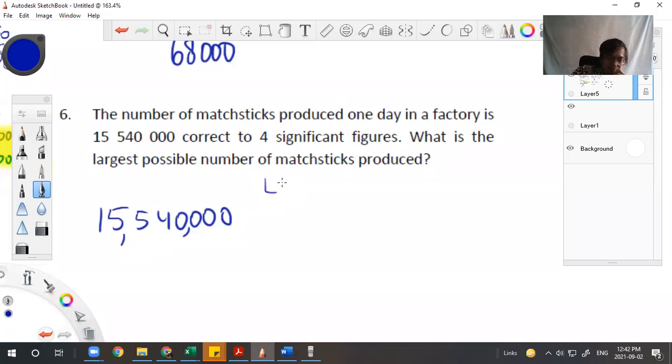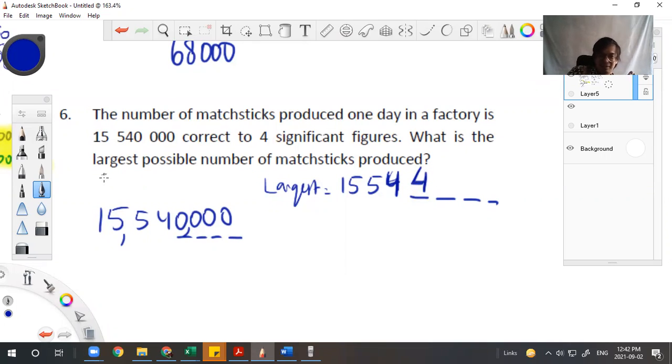So it has to be 15,540 something thousand. We have 4 spaces here. Which digit keeps it rounding to 4? It must be 4 so it doesn't go up, and the rest will be the highest possible number, 999.